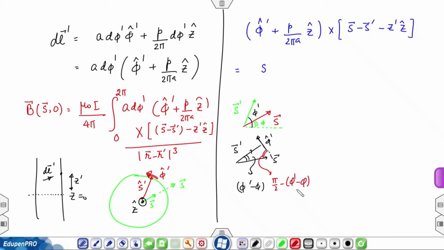So, I will go back to the calculation here on top. So, this is s sine of pi by 2 minus phi prime minus phi, and this phi prime cross s, you can see, is going to be in the minus z direction.